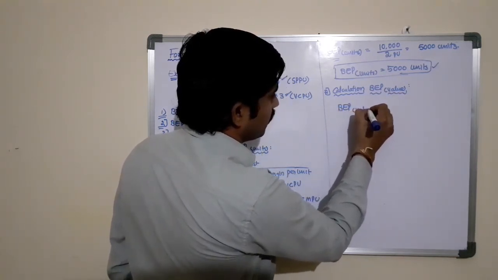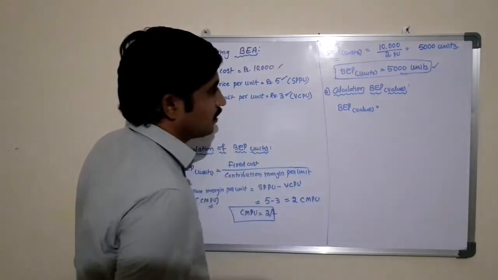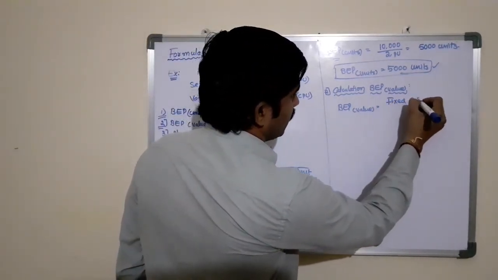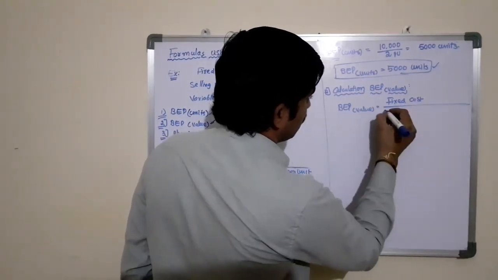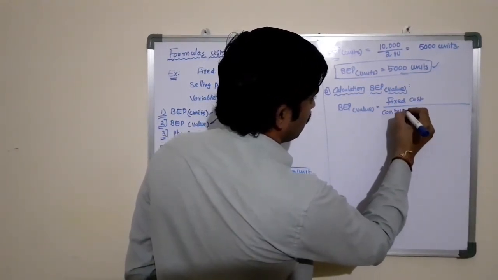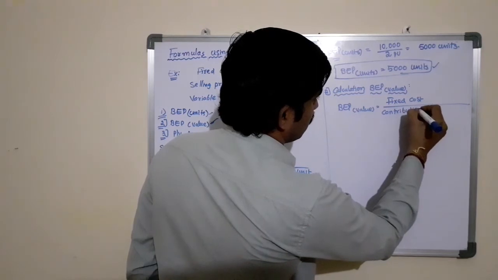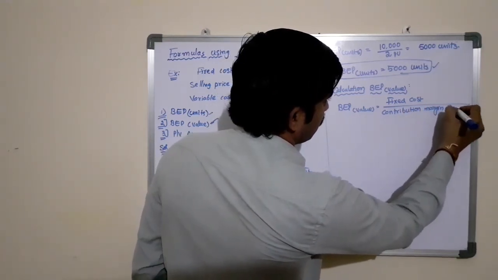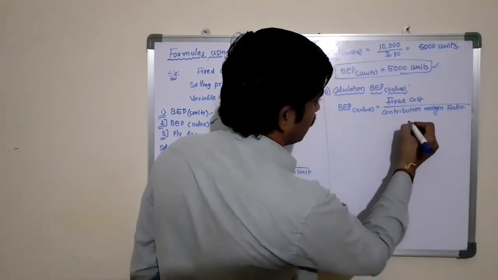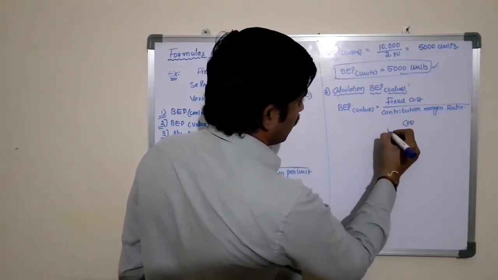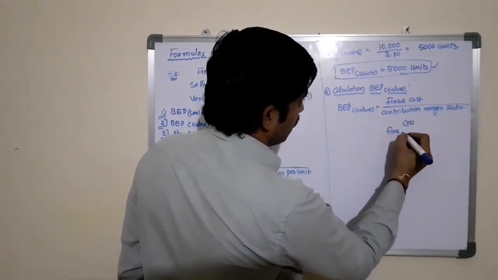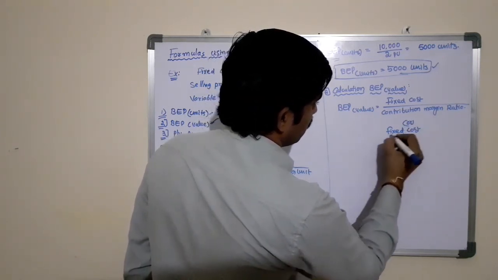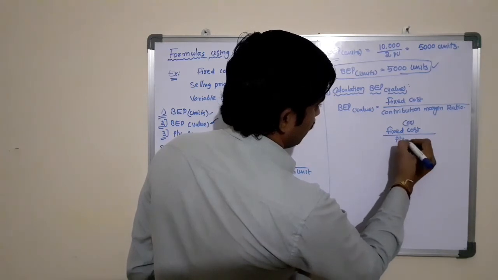BEP value equals fixed cost by contribution margin ratio. Contribution margin ratio, or we have one more formula with a different term, that is fixed cost by PV ratio.